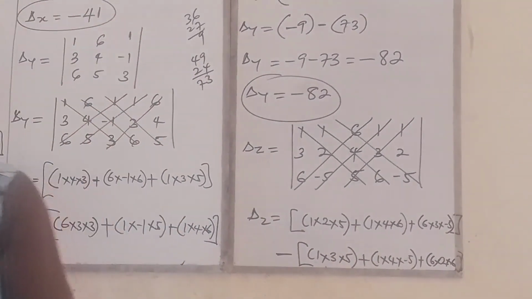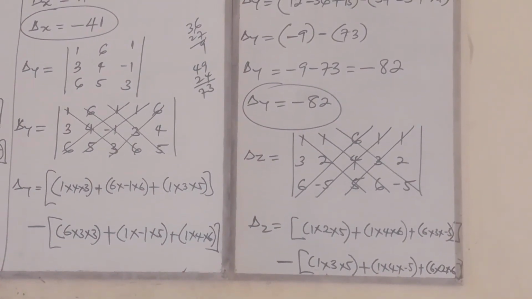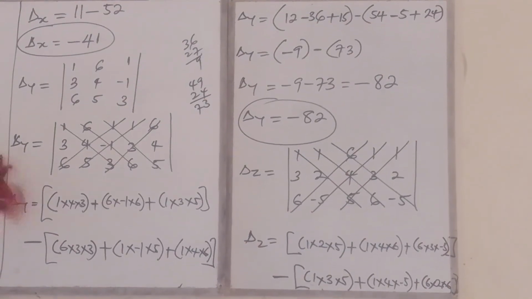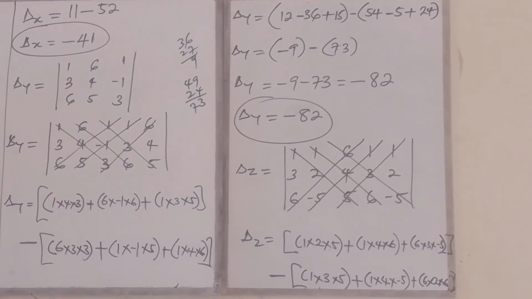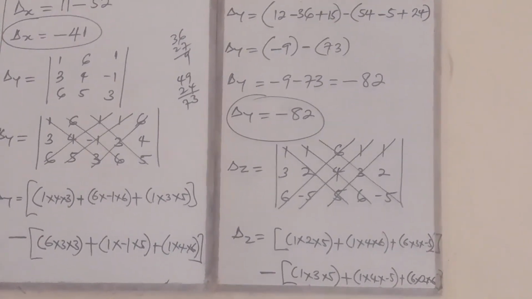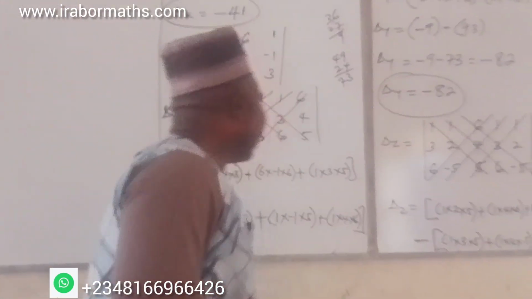So here the determinant of Z will be equal to 1 times 2 times 5, that's 10.